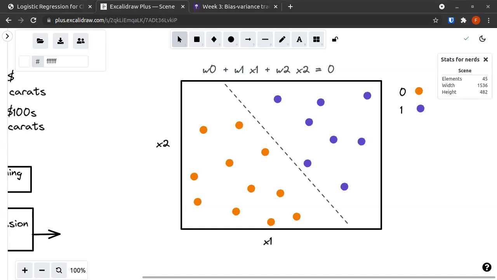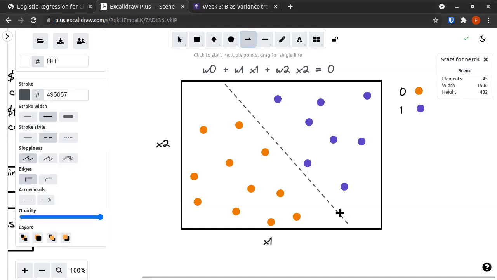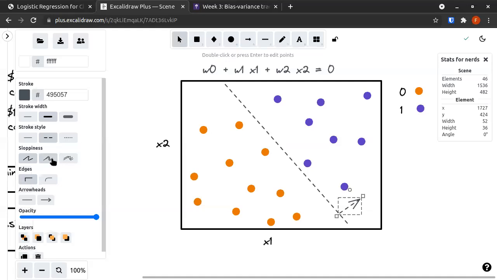So we can write an equation of a line, and then we can say, for any new point, we'll plug the new x1 and x2 into the equation of the line. And I'm drawing an arrow here that points to the positive side. So if I plug in a value for x1 and x2 with these weights, and the value is greater than 0, that means it's above the line.